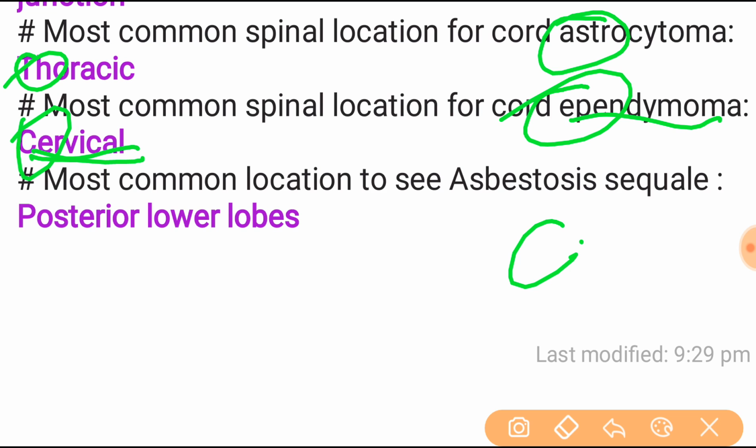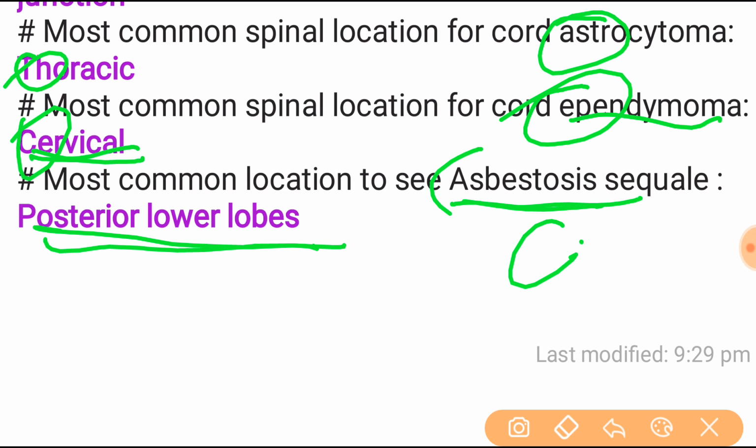Most common location to see asbestosis sequelae is the posterior lower lobe. You can remember which lobe is affected in asbestosis: asbestos is a heavy weighted substance, so it will settle down in the lower lobe.